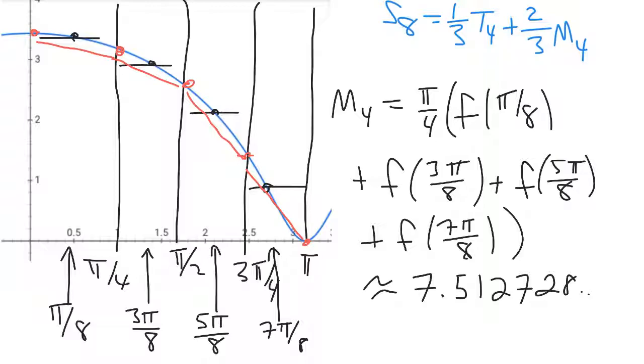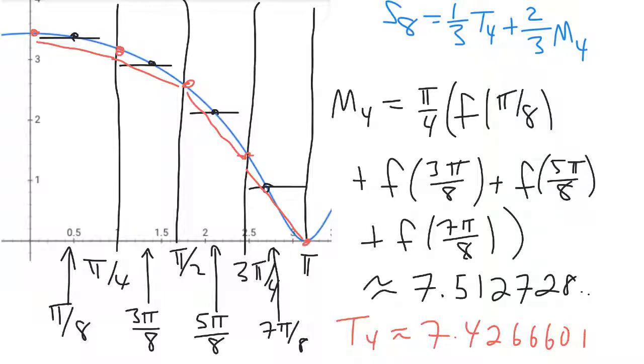The width of each trapezoid is pi over 4, just like it was for the midpoints. But now I have to do the average height of the first trapezoid, the average height of the second trapezoid, and so on, and add those up. And if I do that, I get T4 is 7.42666.